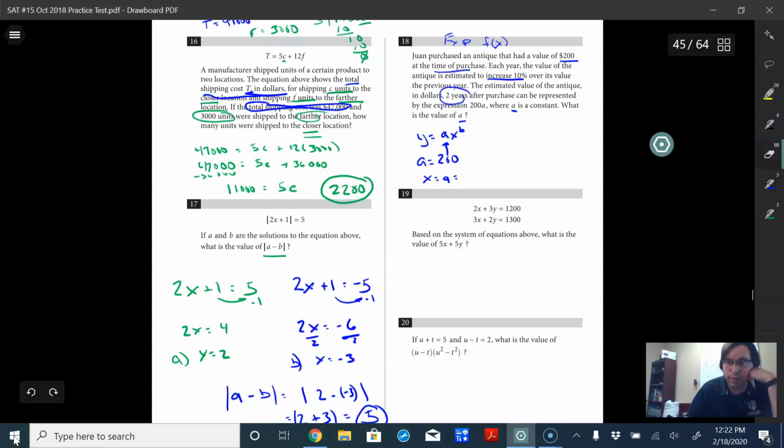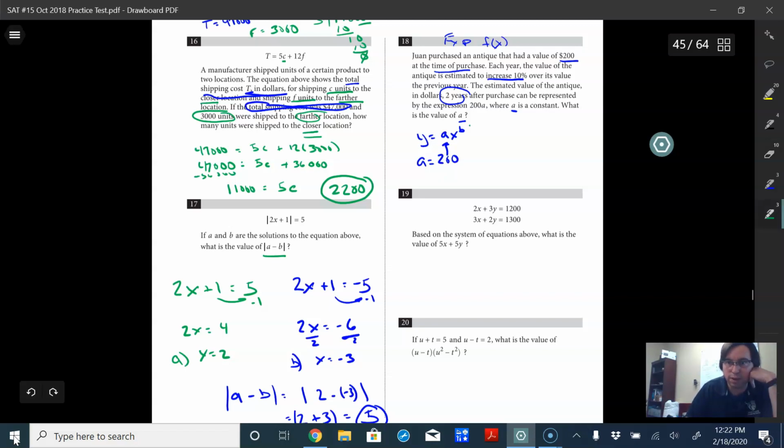Okay, let me back up for a second on this one. We know that the a in the formula is 200, the original principal amount. This is what the SAT likes to do, using similar variables differently in an expression. So really, what we're looking at is this x to the b.